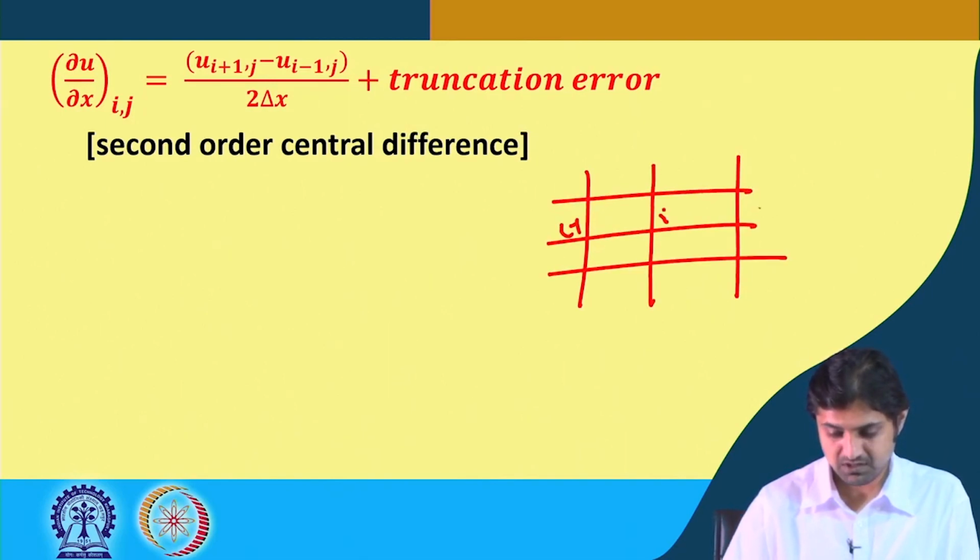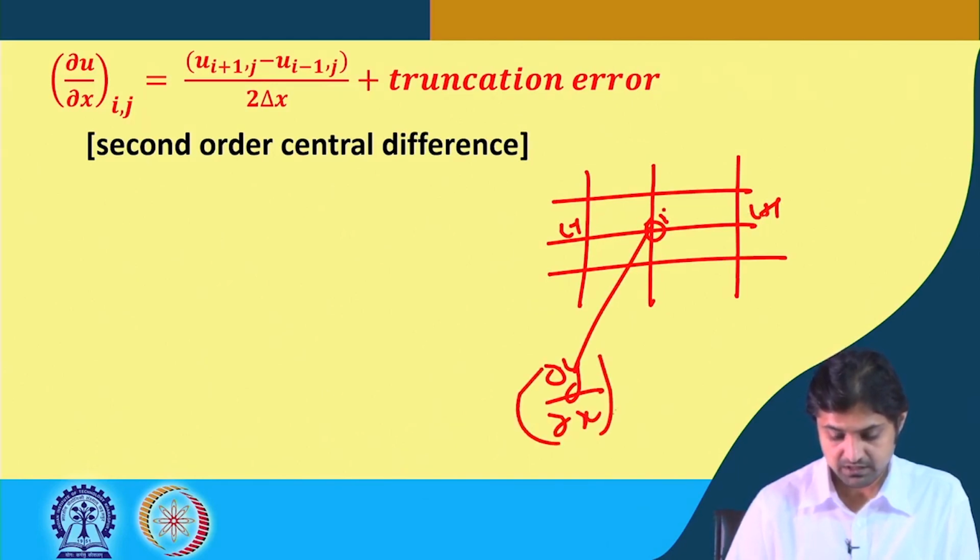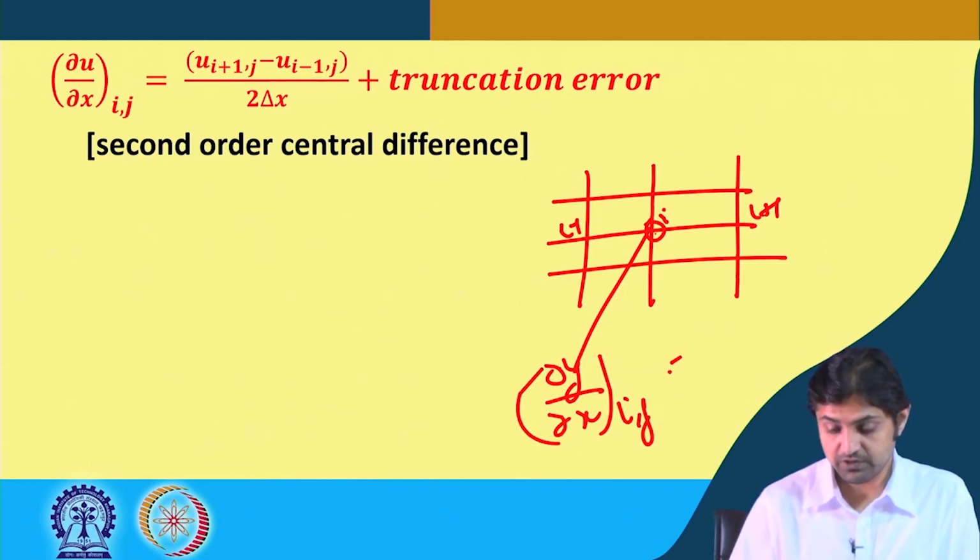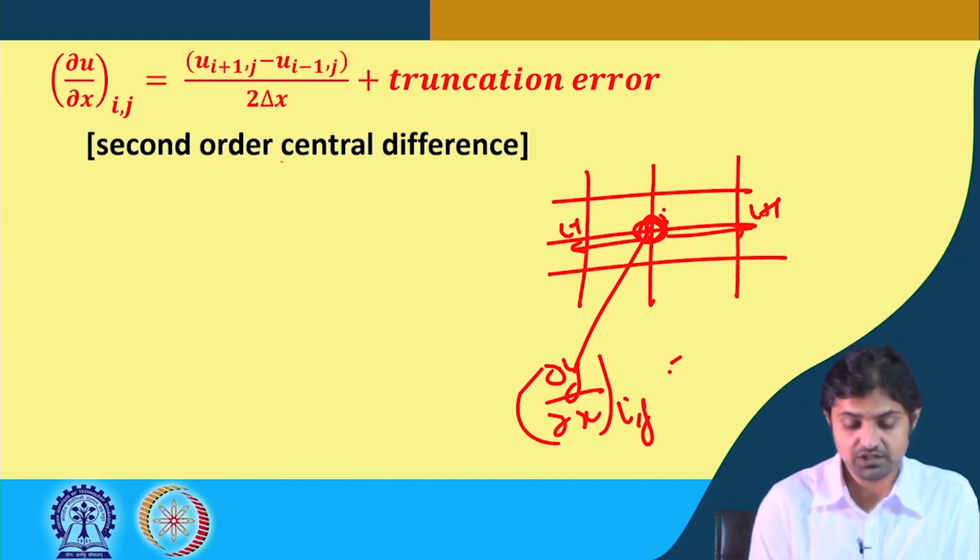So, we are actually calculating del y by del x at point i comma j. We are calculating the value of dy by dx here using the point back here and here. That is why it is called the second order central difference.